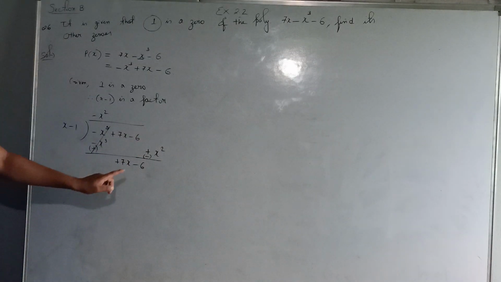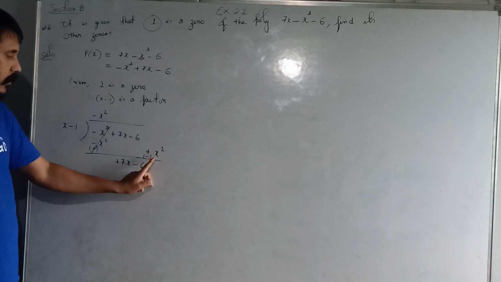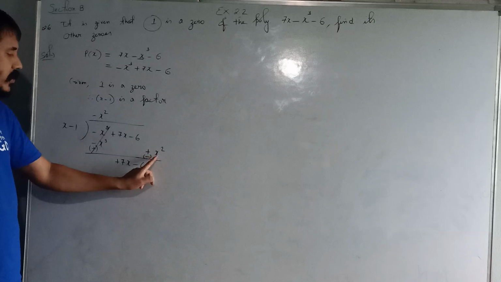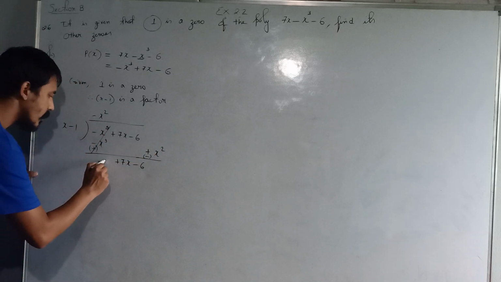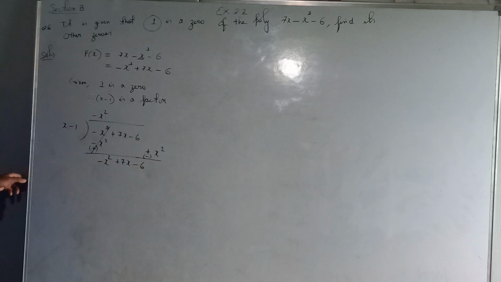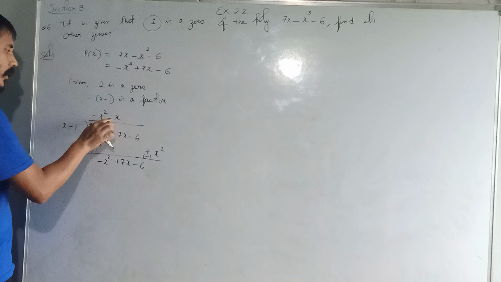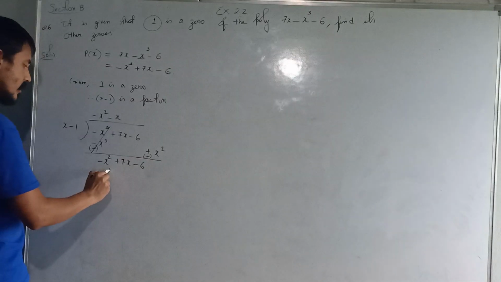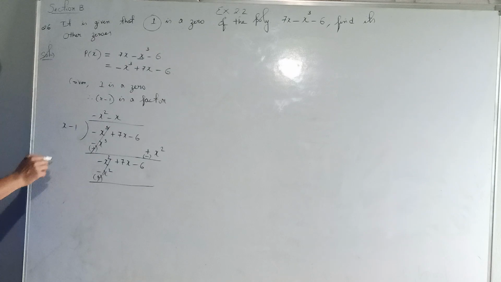Now see, this term minus x squared contains the highest power, so we need to write it in front. Now x into minus x squared is minus x cubed; change the sign and we cancel out.